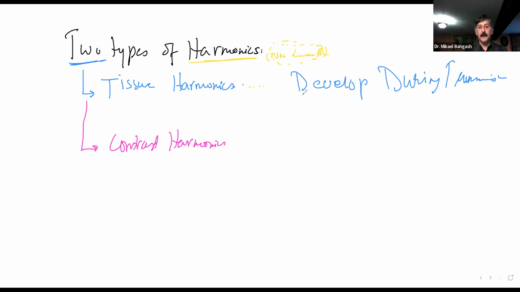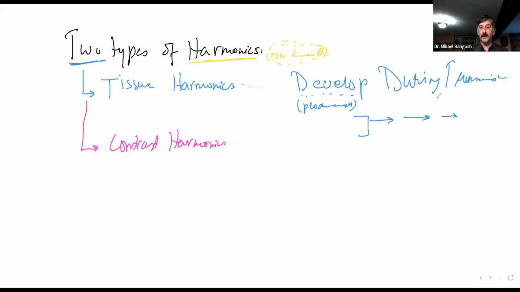Now, what do you mean by develop? We can mean that they are produced as the sound wave produced by the transducer is in the phase of transmission, as it travels from the transducer into the tissues, or we can say, away from the transducer.